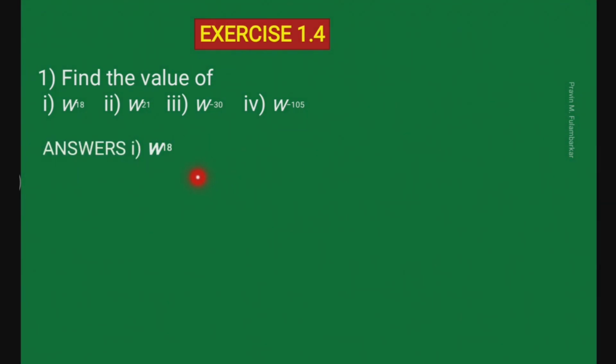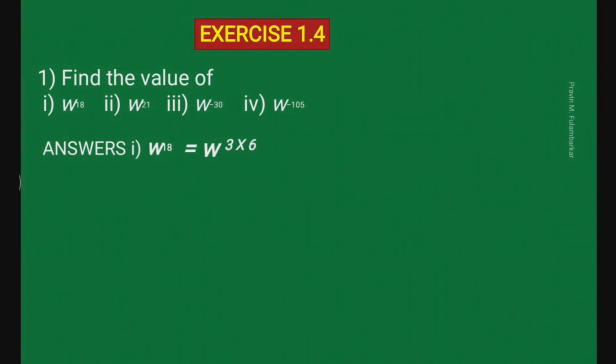So first we see the first sub question. Here the power is 18. First we see whether we can reduce this power to a multiple of 3 or not. When we divide 18 by 3, 6 threes are 18, and we know that omega cube is 1. So we try to write it in the form of power 3. We write omega raised to the power 18 as omega raised to the power 3 into 6.